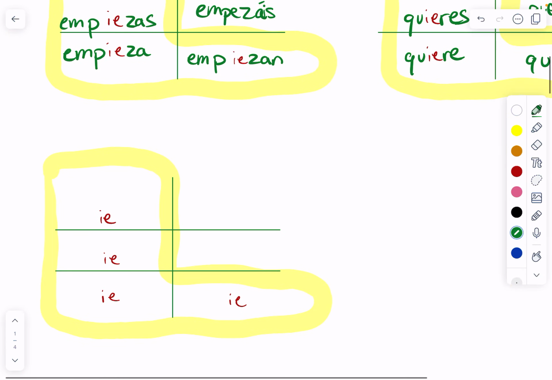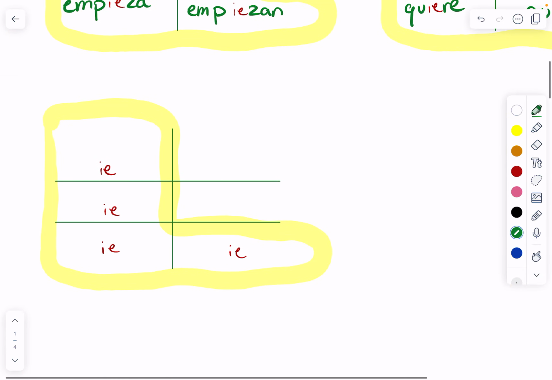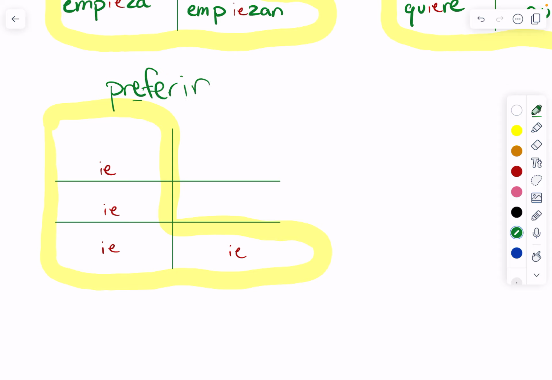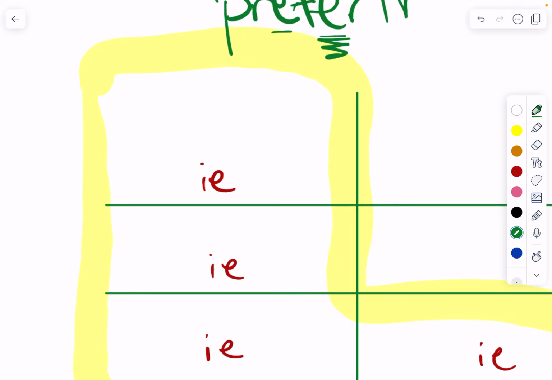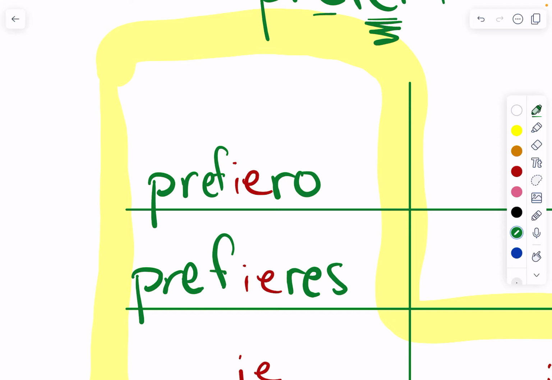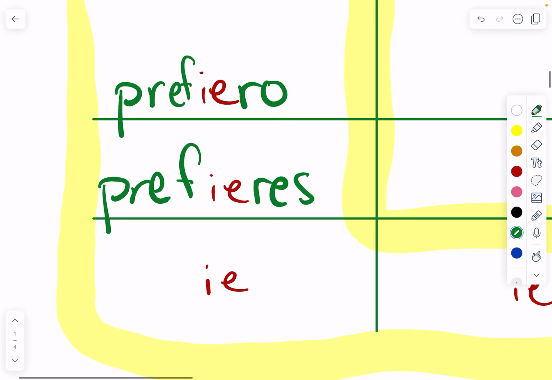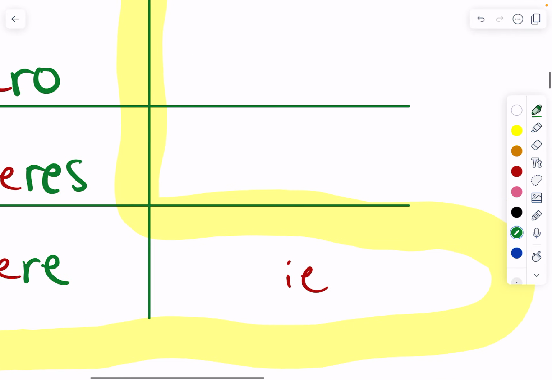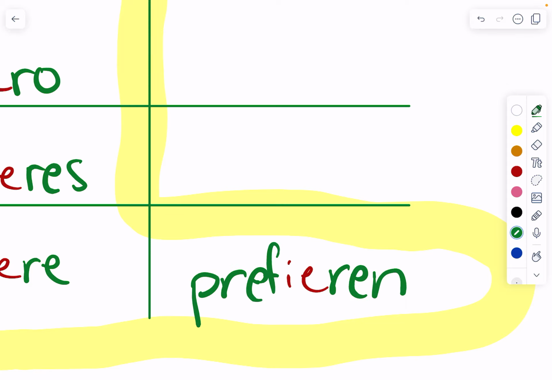And one more verb that does this, another example, is the verb preferir. Be careful with preferir because there's two E's. It's the second E that stem changes. So it would be yo prefiero, tú prefieres, usted, él, ella prefiere, ellos, ellas, ustedes prefieren, and outside of the boot, no stem change.